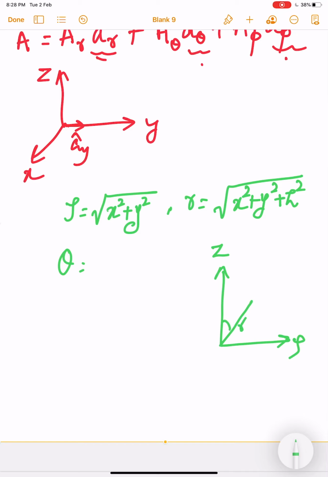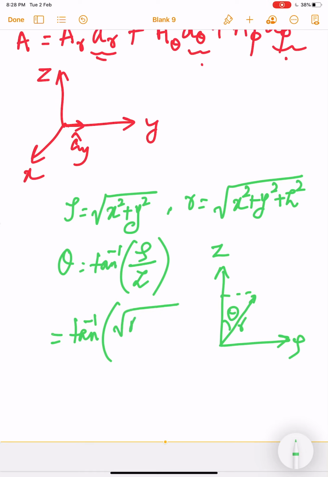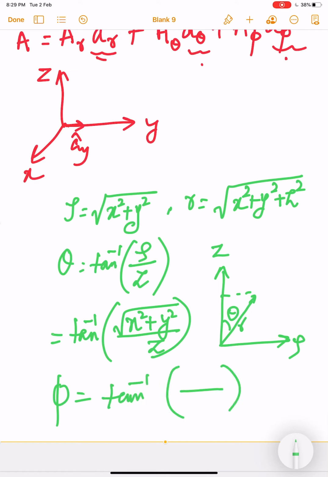And this is theta. So by seeing this, you can very easily say that theta is tan inverse of rho by z, or in Cartesian coordinates, root over x square plus y square divided by z. Then phi is already defined in cylindrical coordinates, and that is tan inverse of y by x.